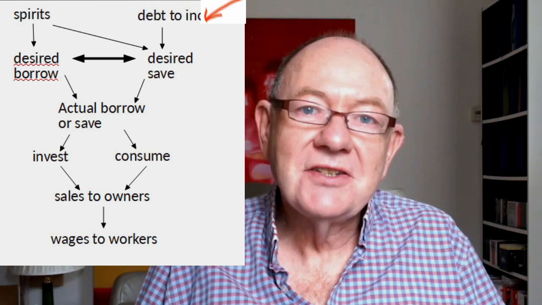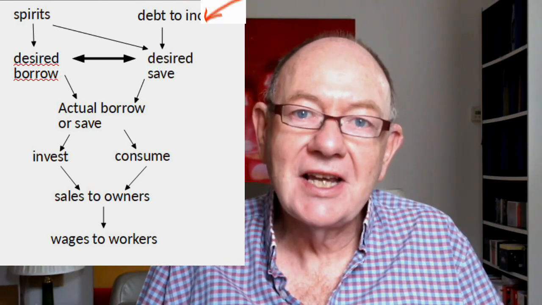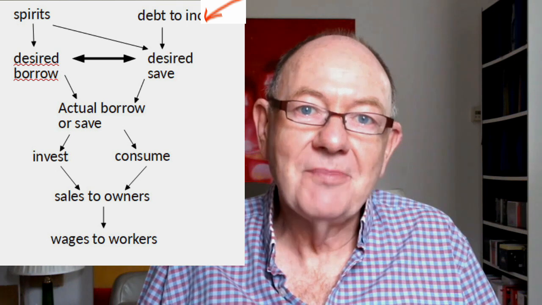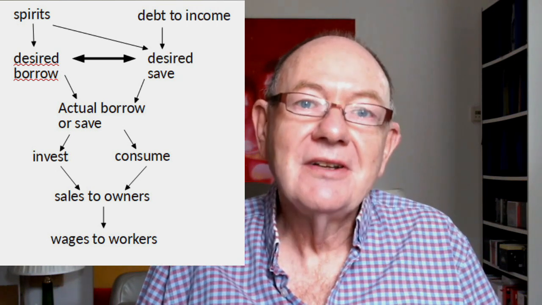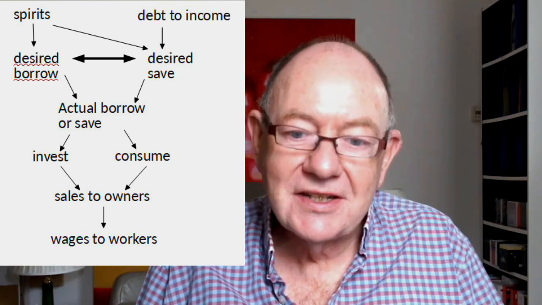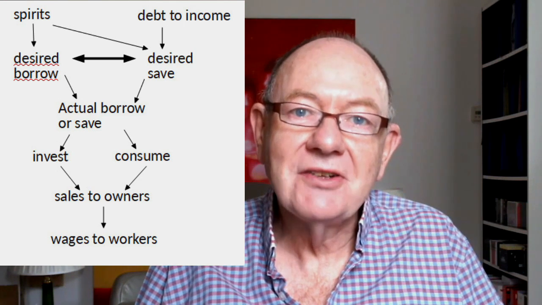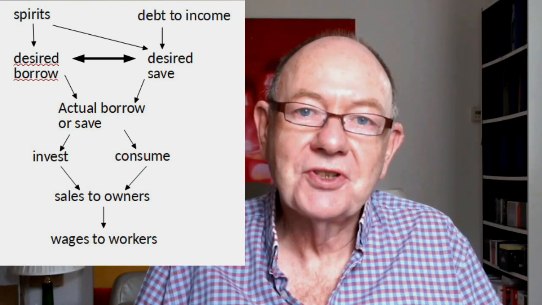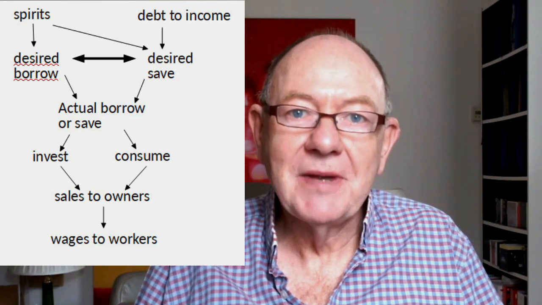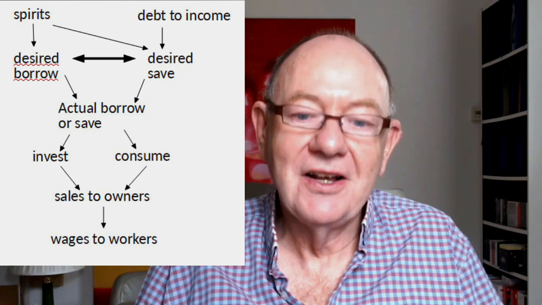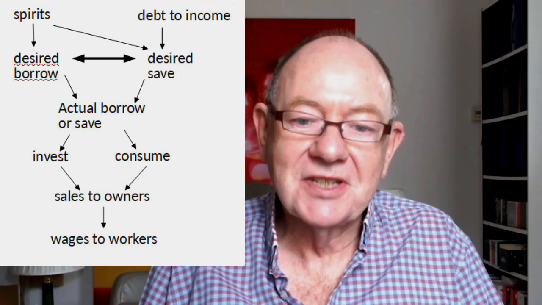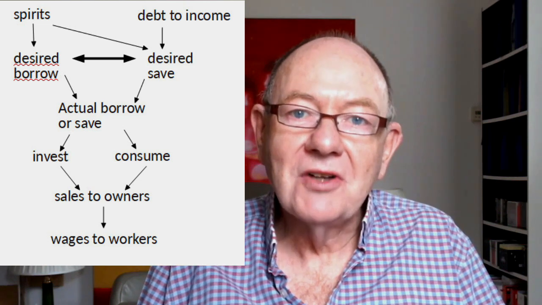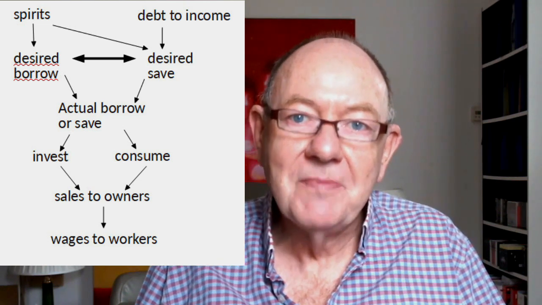The debt to income ratio that they have, which just says how big the debt is compared to their normal income, and how much they're having to pay out each month as interest payments, again as a proportion of their income. That will depend upon the interest rate prevailing at the time. So those two things are put together to decide how much they would ideally like to repay of the debt they have.